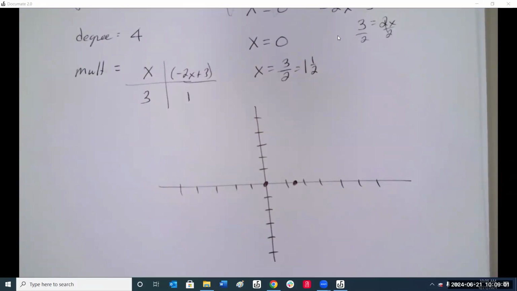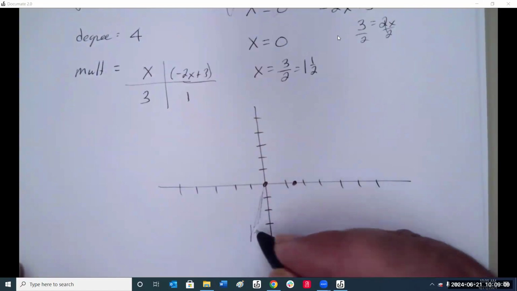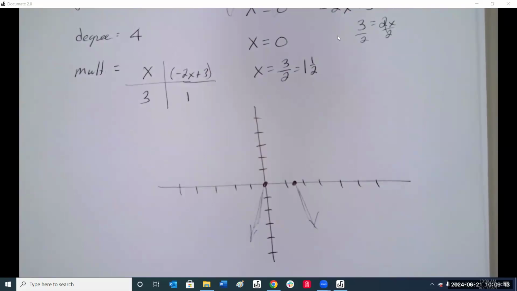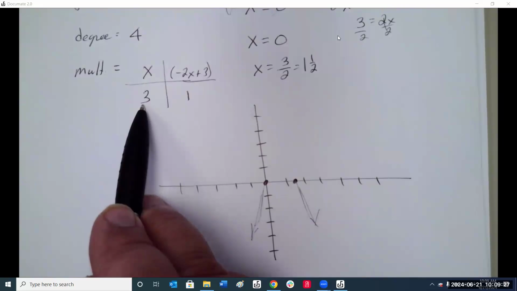It's upside down, and they're both going down. So from this side it's going to go down, and from here it's going to go down. Is it going to cross or bounce off the zero? Bounce. Why bounce? Exponent is 3.